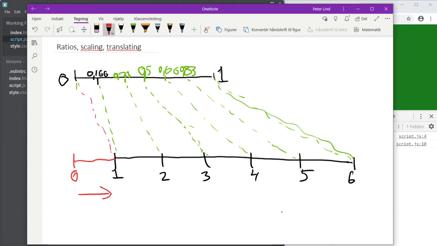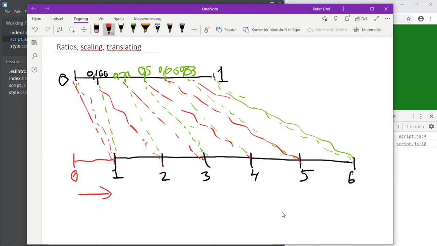If 0 goes to 1, and 0.16 goes to 2, 0.33 goes to 3. I'm doing this slowly to make it obvious what is going to happen. Because 0.5 will now go to 4, and 0.6 will now go to 5, 0.8 will now go to 6.